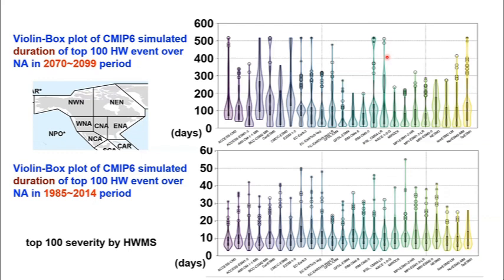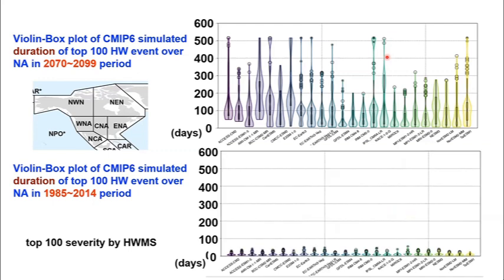Because we allow this additional 5 months, it actually reached 500 days, which means pretty much every day is a heat wave for those particular cases, although not a majority of the top 100. If you put it on the same scale, the current day is just a tiny dot there. So all of them are just going up like crazy.